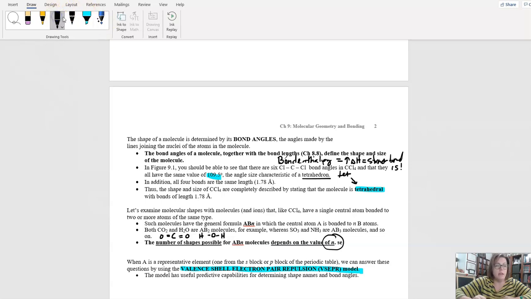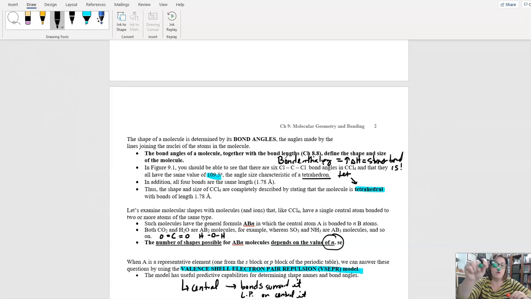And what VSEPR is looking at is the central atom, and it's looking at a couple of things: the bonds that surround it, and the lone pairs on the central atom too.